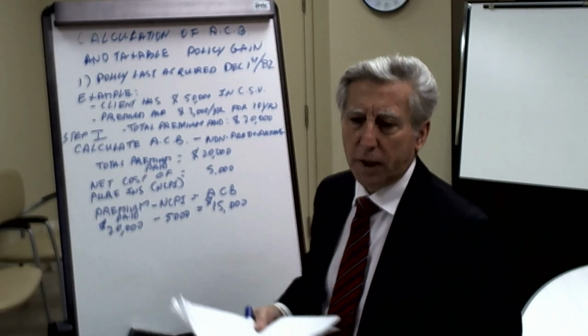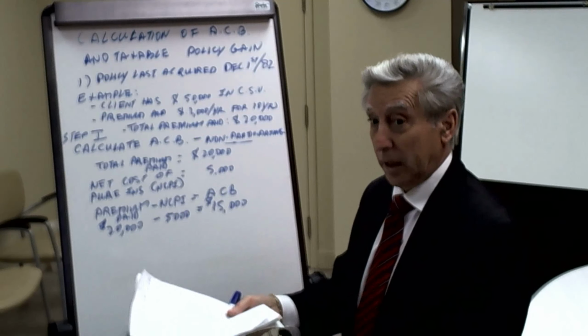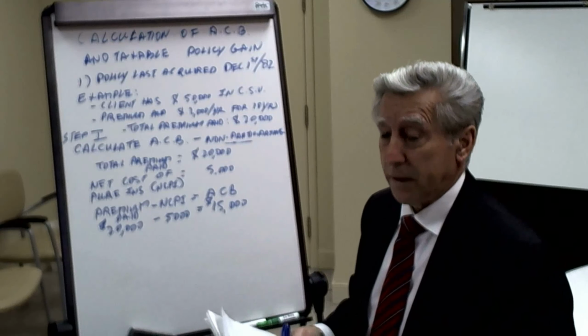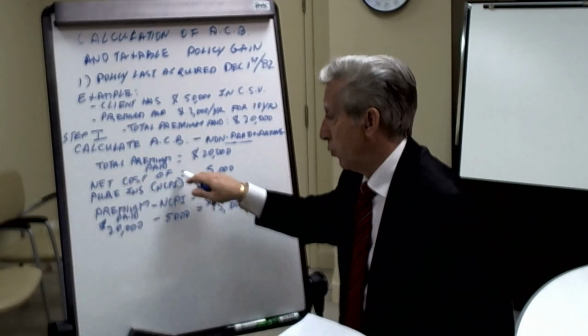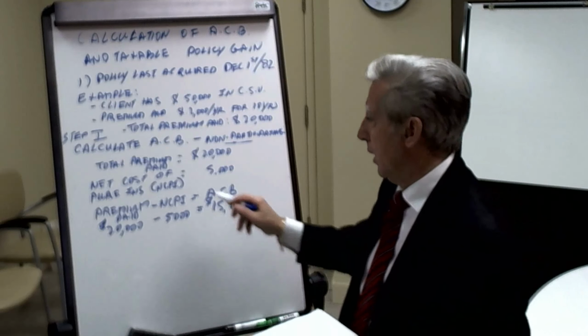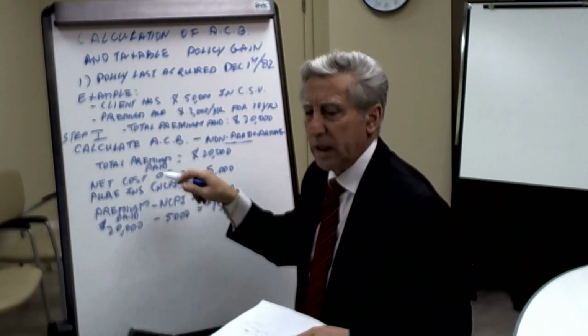That's not the important thing. The point is that what Ottawa is basically saying is that, yes, you gave us $20,000, but remember, you received the benefit, and that benefit was that we insured you for the last 10 years, let's say, for $250,000. And so, what did it cost us to insure you during that 10 years? Well, that is where they come up with what's called the net cost of pure insurance, NCPI.